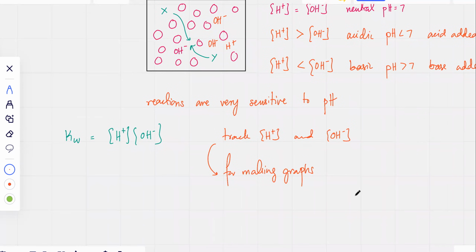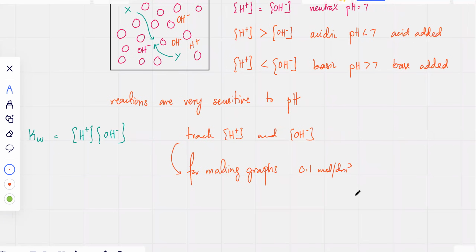For example, if there's a certain soil, and somebody's testing the pH of the soil every 15 days. On day 1, the reading comes out to be 0.1 mole per decimeter cube, right? Which shows that it's very acidic. So he adds lime, etc., and tries to neutralize the acid in the soil. This is the concentration of H plus ions.